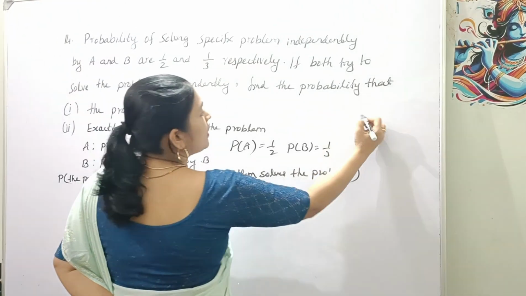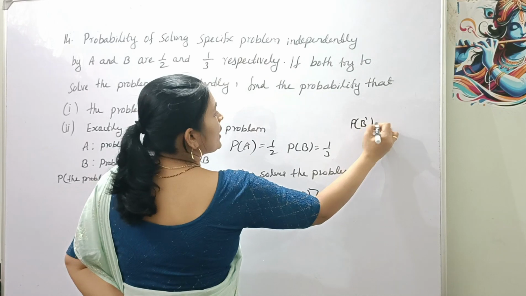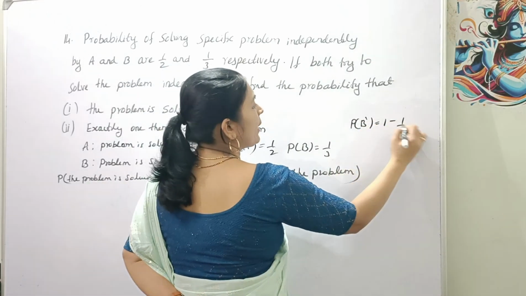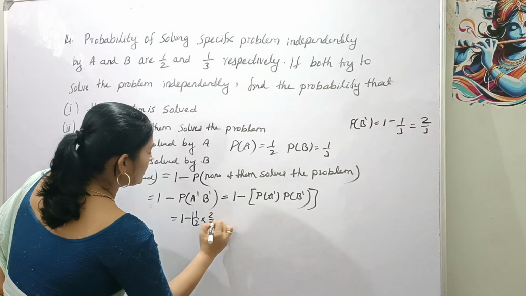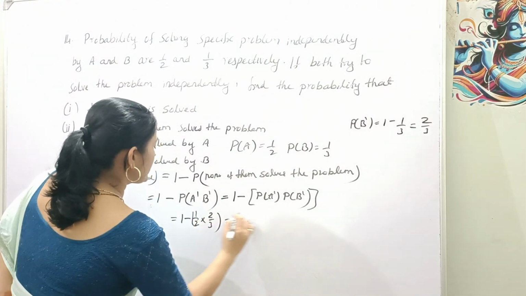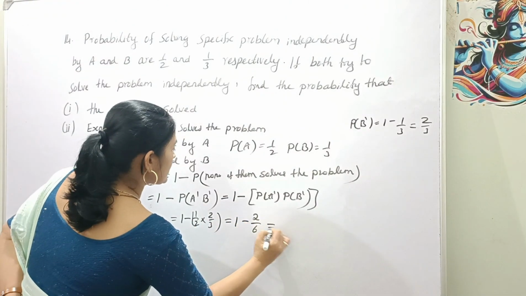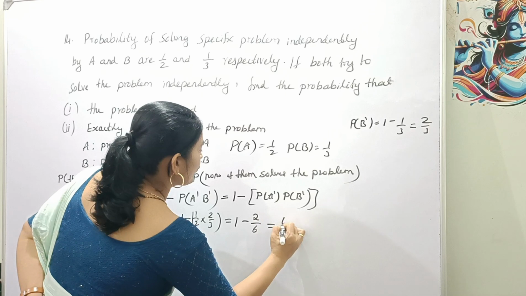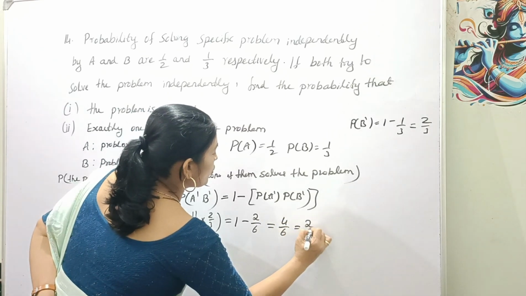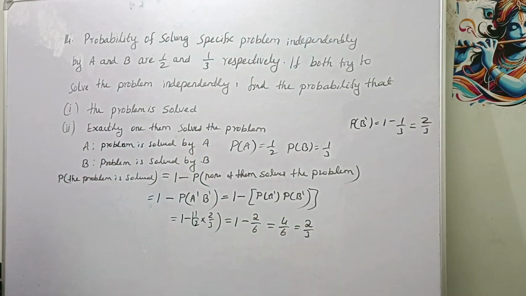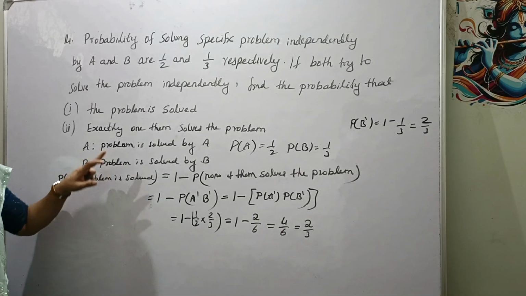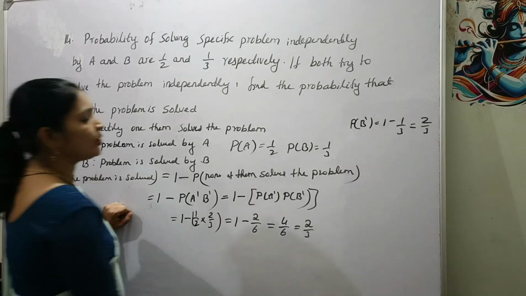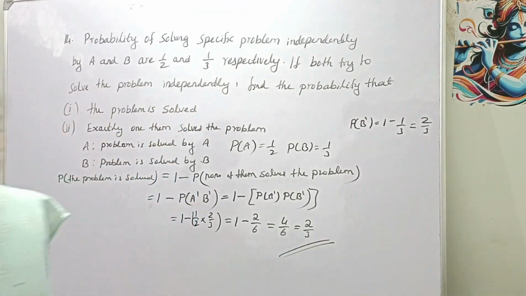And probability of B complement is 1 minus 1 by 3, that is 2 by 3, right? So 1 minus 2 by 6, that is equal to 4 by 6, that is 2 by 3. So here the probability that the problem is solved is equal to 2 by 3.